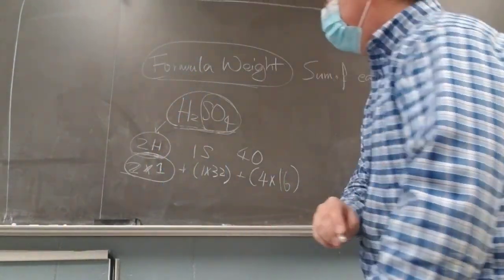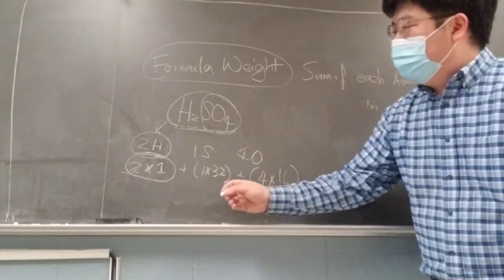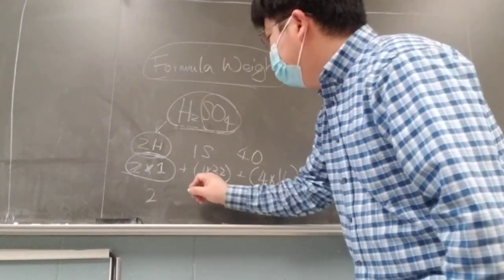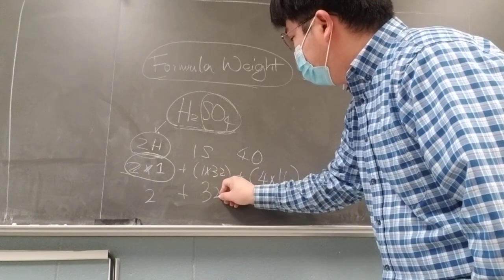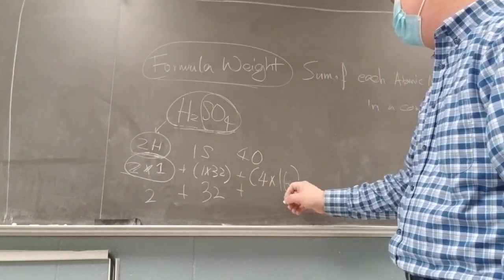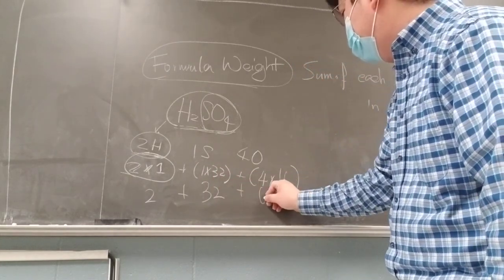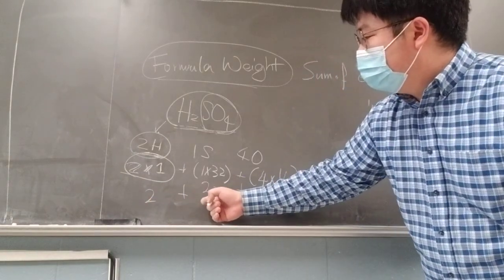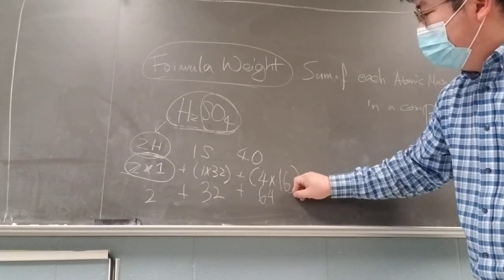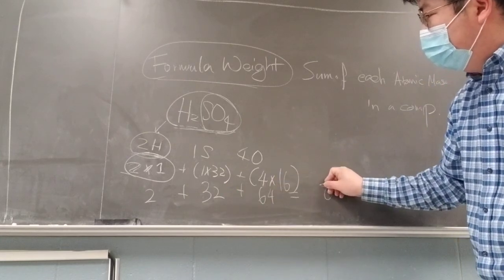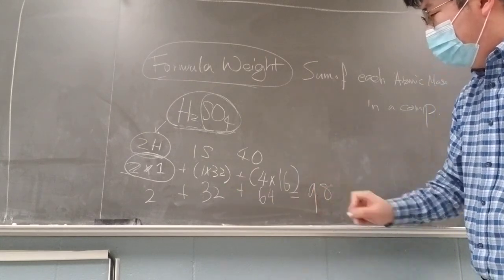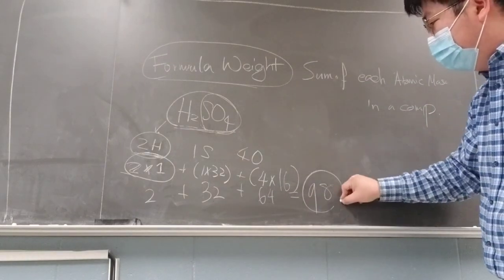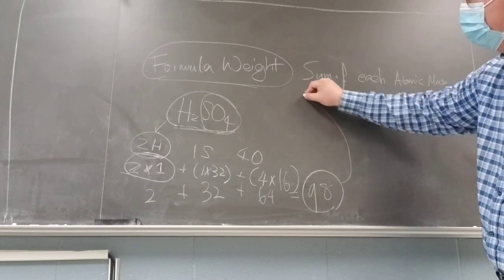I'll make it easier. So 2 plus 32 plus, this will be 64. Thank you. So if you add them all, it will be 2 plus 32 plus 64. That makes 98, okay. So you can have some number over here, okay? That is your formula weight.